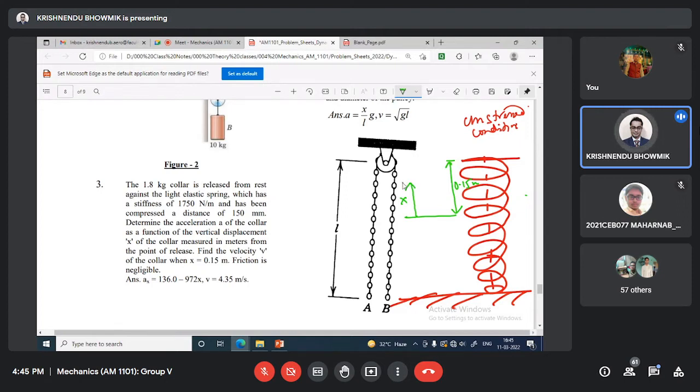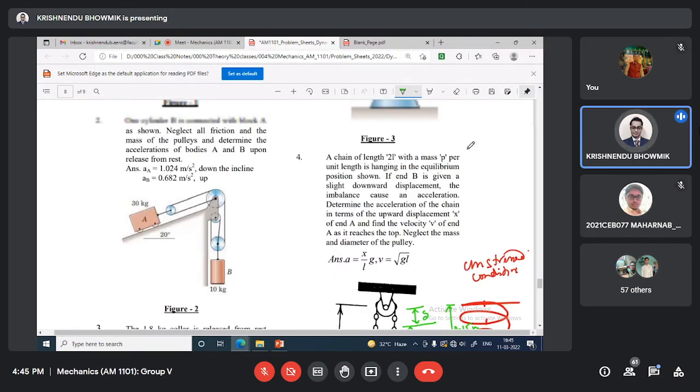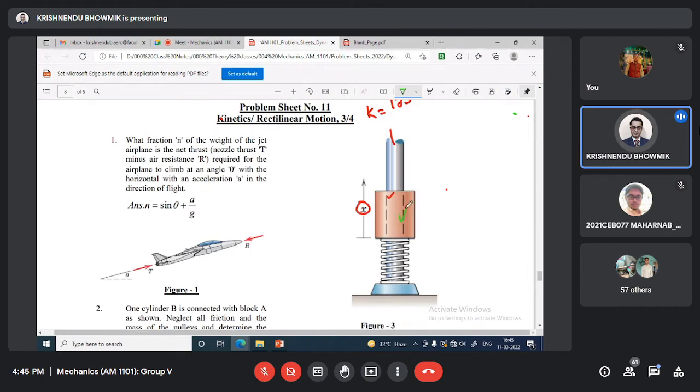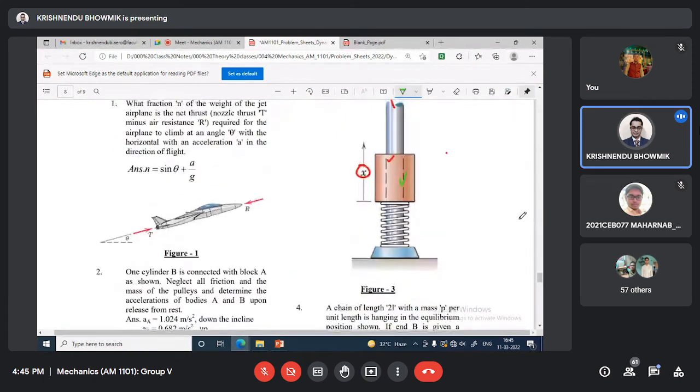And maybe at this instant when it is x, let's say the compression is delta. I mean to say when delta equal to 0, it is released, and this collar will not be in touch. Or maybe I can draw here itself, you will understand better.